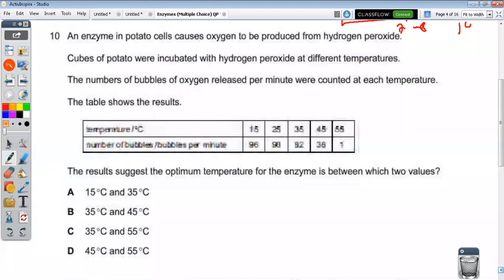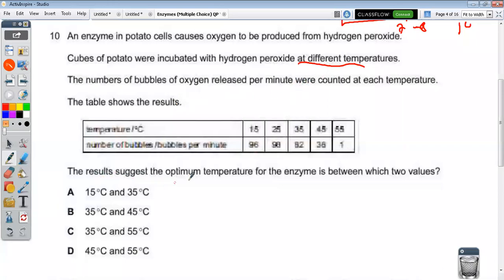An enzyme in potato cells causes oxygen to be produced from hydrogen peroxide. Tubes of the potato were incubated with hydrogen peroxide at different temperatures. Okay, the number of oxygen bubbles released per minute were counted. So it means a fast reaction would produce more gas, more gas bubbles.